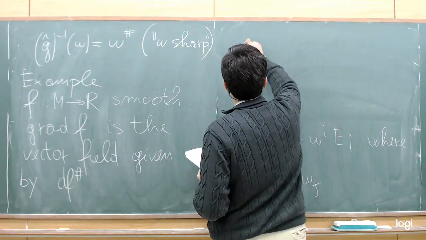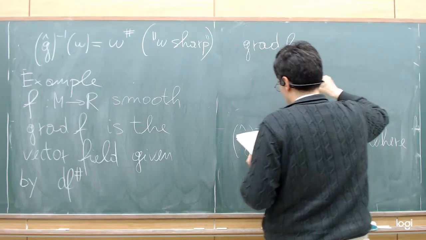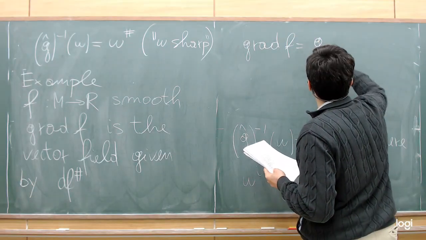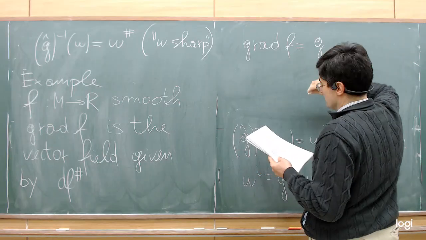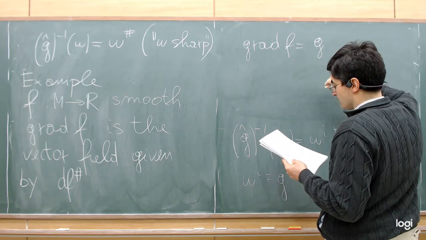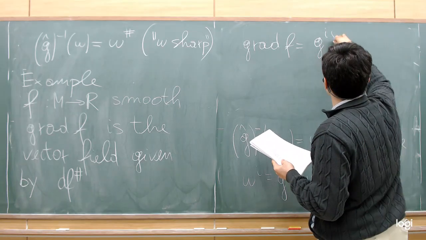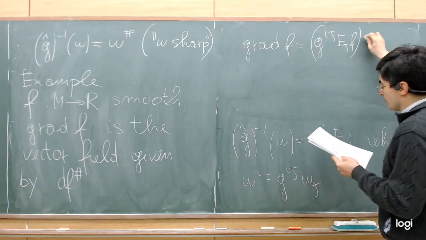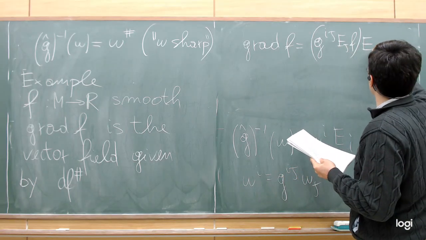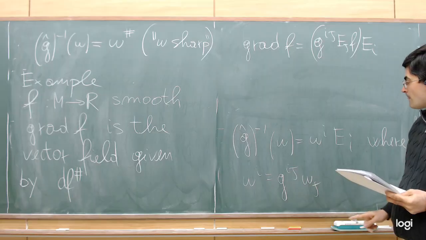You will get that the gradient of f is G^ij E_j f times E_i. So I used this formula.